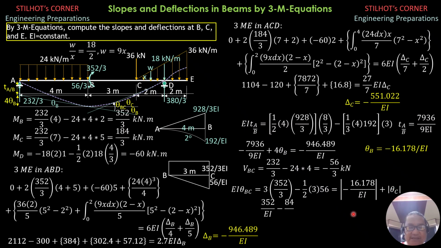Solving for theta C is equal to positive 251.822 over EI. Now for deflection at E and for the slope at E, let's have that on the next slide.